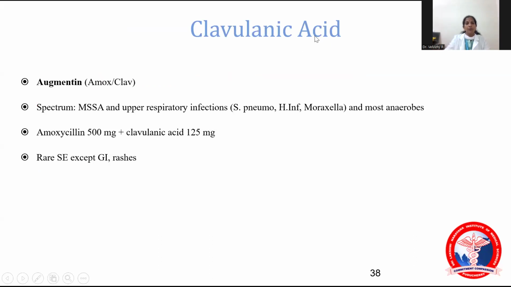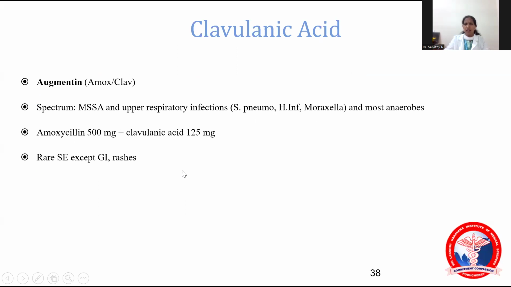Clavulanic acid is always available with amoxicillin. Amoxicillin clavulanic acid, that is Augmentin 625, is amoxicillin 500 milligram and clavulanic acid 125 milligram. It will act on methicillin sensitive Staphylococcus aureus and respiratory infections caused by Streptococcus pneumoniae, Haemophilus influenzae, and Moraxella catarrhalis.